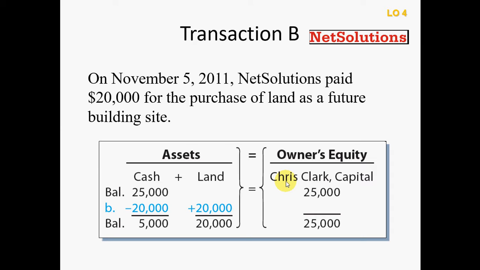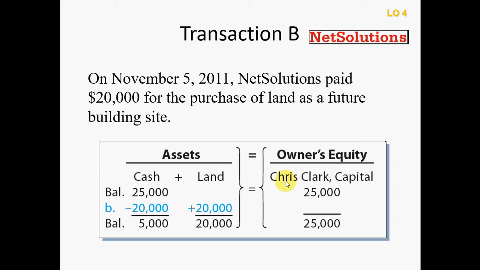So the cash under B, under the assets, has decreased by 20,000, minus, and there is a plus sign for land. So what we can see is the total assets, that is cash 5,000 and land 20,000, add up to 25,000. So the left hand side is equal to the right hand side.